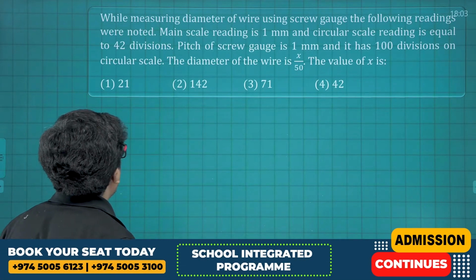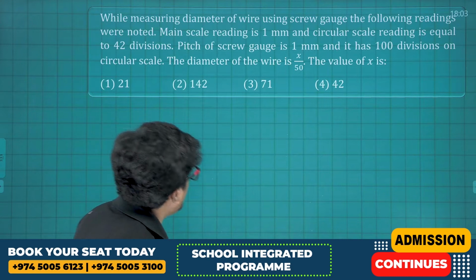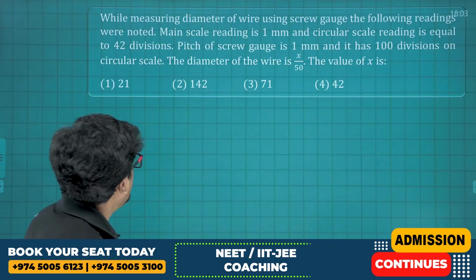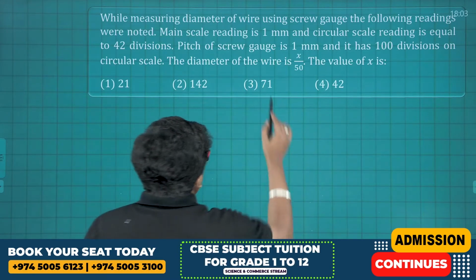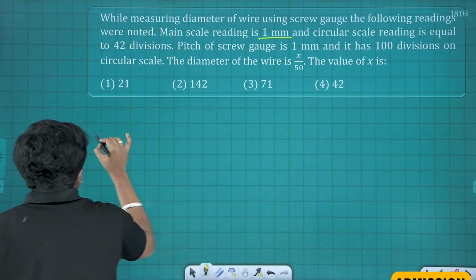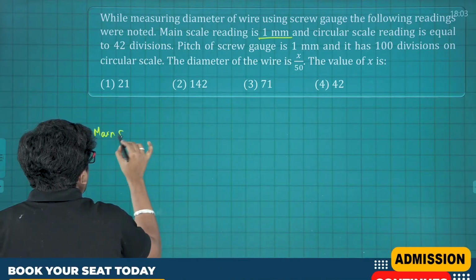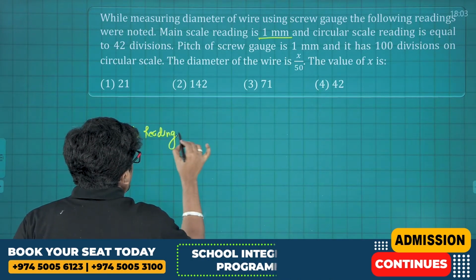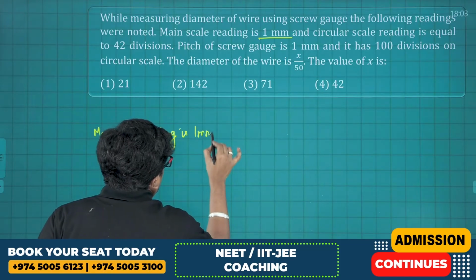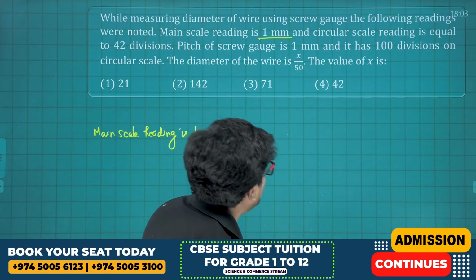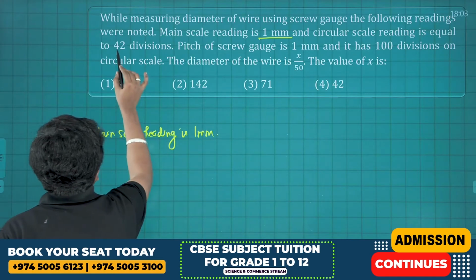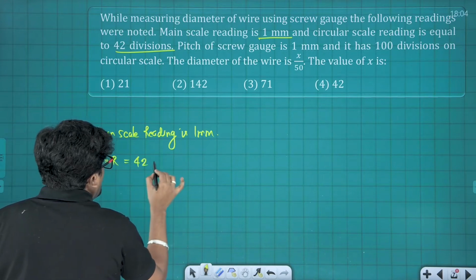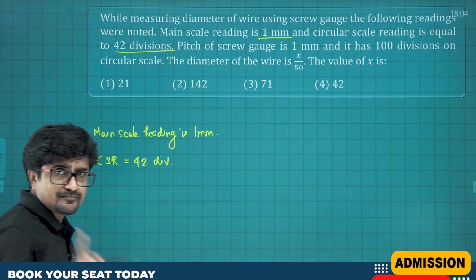The question says, while measuring the diameter of a wire using screw gauge, the following readings were noted. The main scale reading is 1 mm, and the circular scale reading is equal to 42 divisions.